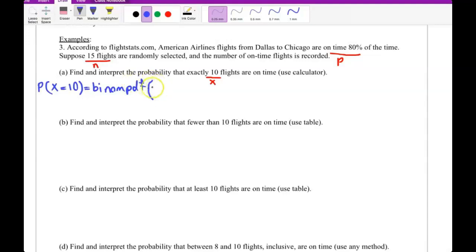Then we enter data first. n was 15, then p is 0.8 or 80%, then x is 10. So this is n, here is p, and this one is x. And we rounded it, the answer is 0.1032.